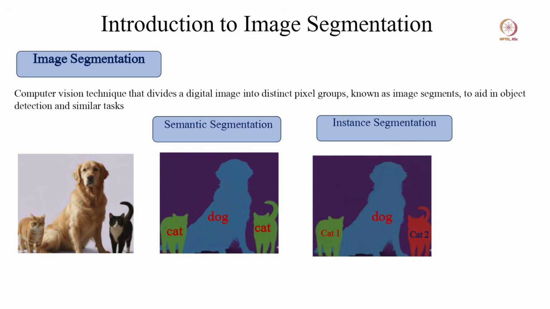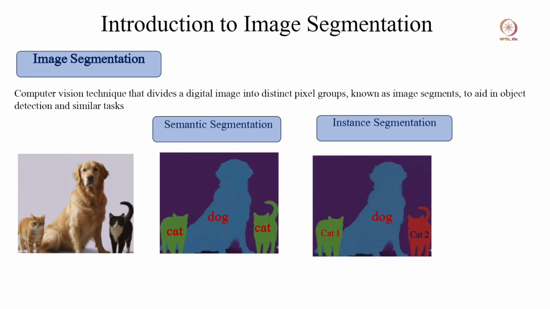Now here we see the dog is blue in color. There are two cats. In the second figure, the first one is identified as cat 1 and the second one as cat 2. In the first figure, it was only cat, while in the second figure, it has identified both cats as separate cats. The first type is called semantic segmentation, where the cats get the same color.